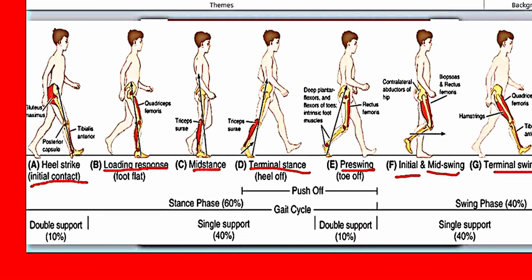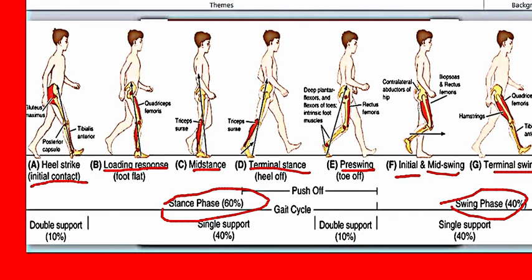Okay, so gait is basically a sequence in which the reference leg goes through what's called a stance phase, where the foot's on the ground, and then the swing phase, where the foot is off the ground.